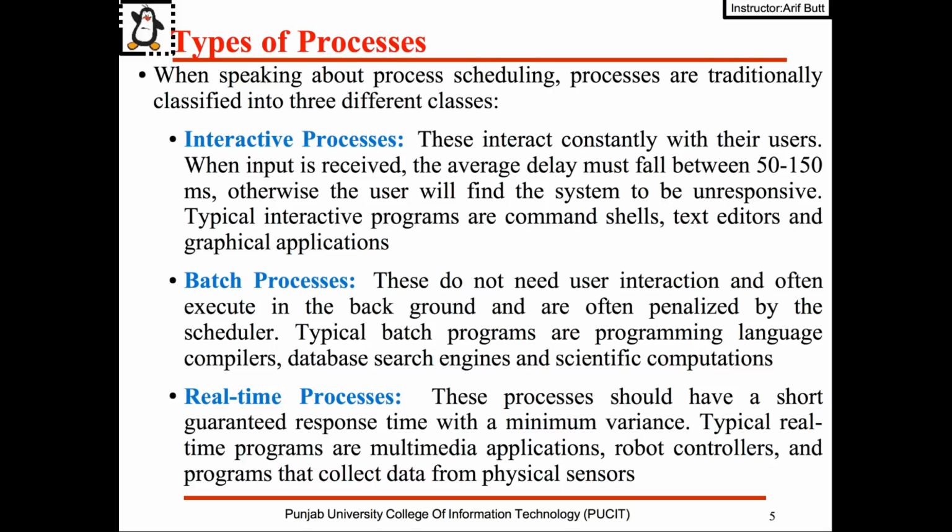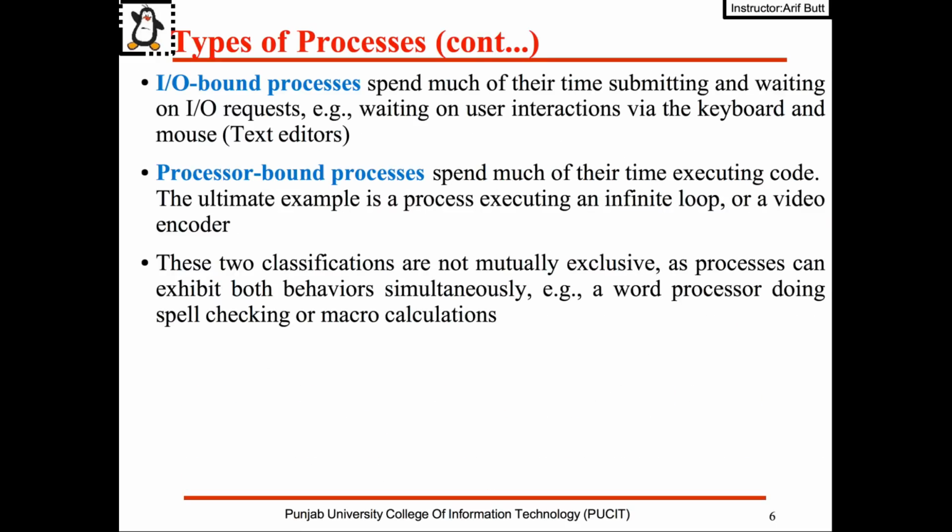When speaking about process scheduling, processes are traditionally classified into three main classes: interactive, batch, and real-time. And these can be further divided into two types, that is the IO bound and the processor bound processes.